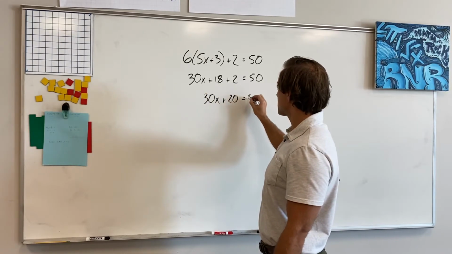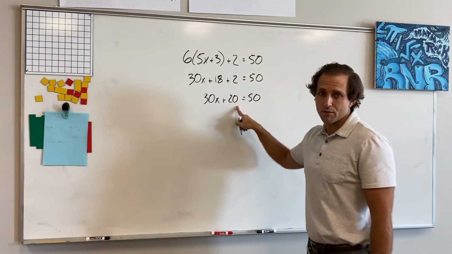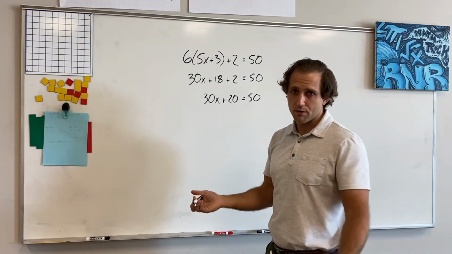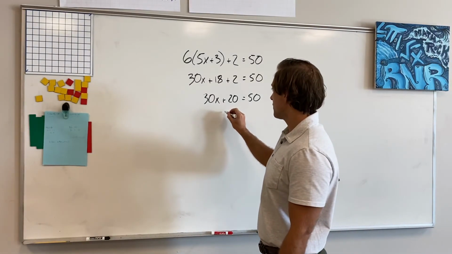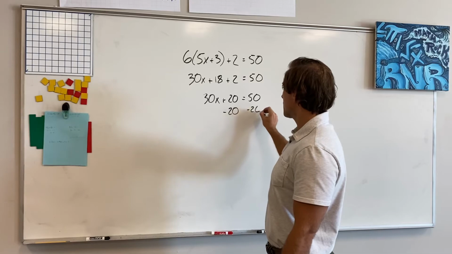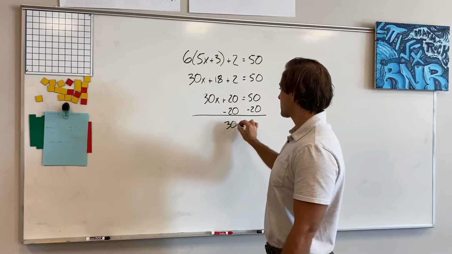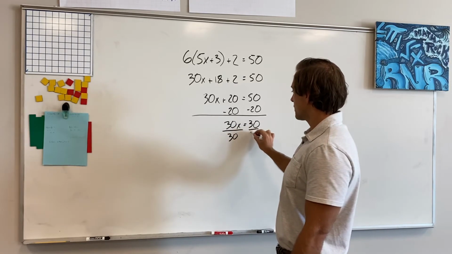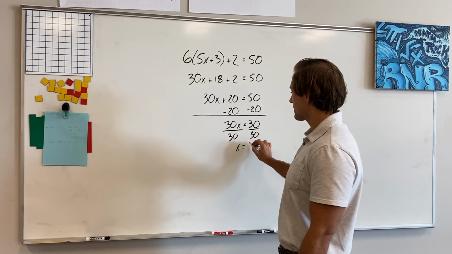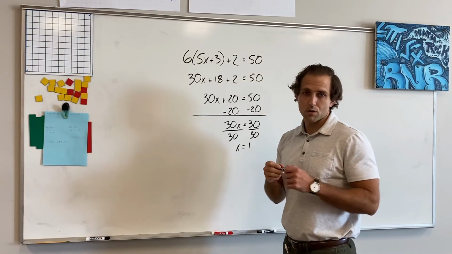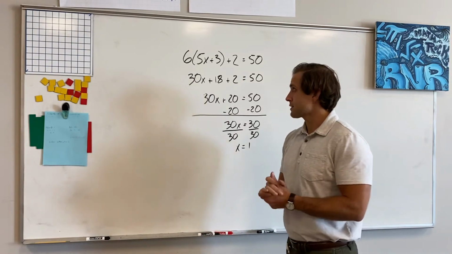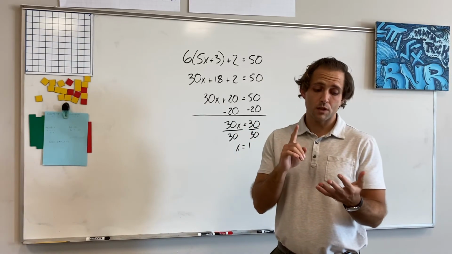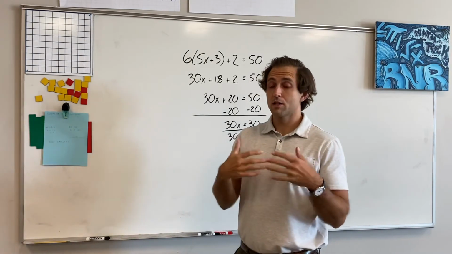I can just continue to simplify, and now I have this in standard form. So now that the left side of my equation is an expression in standard form, I can go ahead and solve. Subtract 20, 30x equals 30, and I would divide by the coefficient to get x isolated by itself, and x is equal to 1.